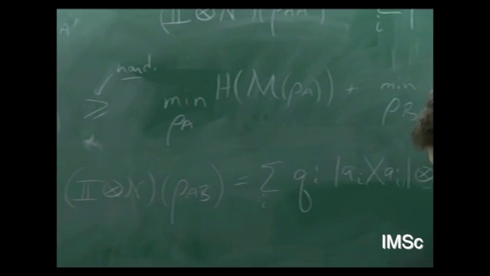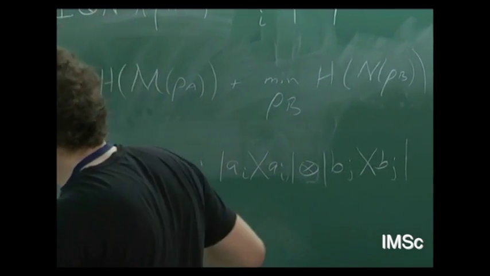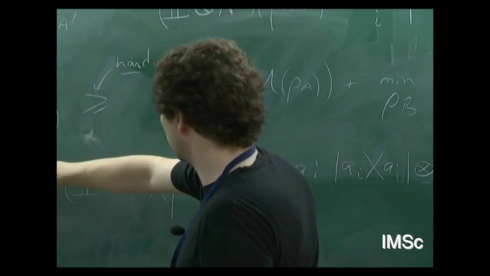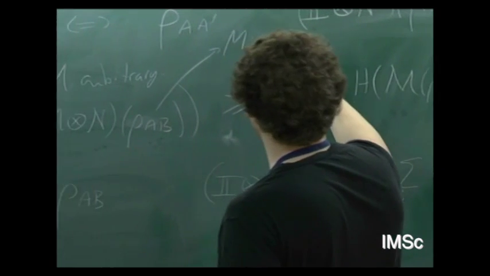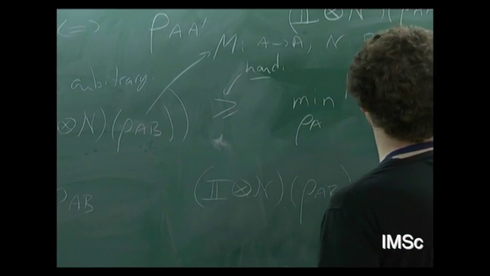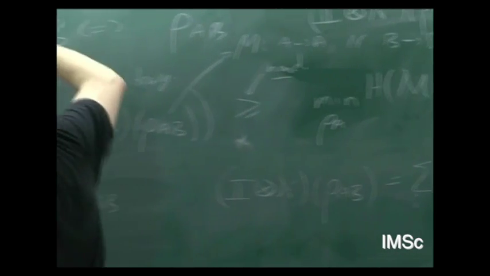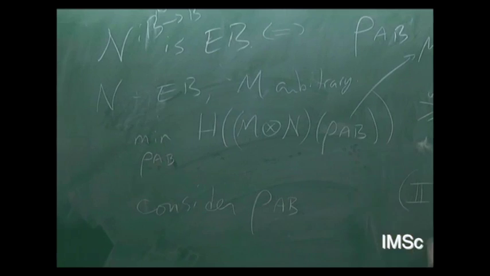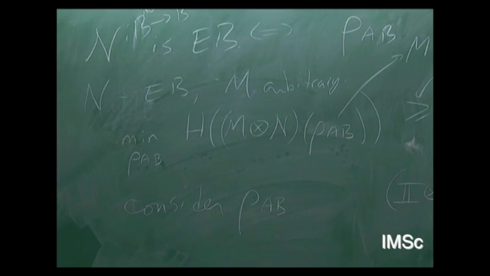And I'm sorry to switch notation mid-argument, but I noticed that what I'm doing here means I'm thinking of channels M that map A to A and channels N that map B to B. So I should rewrite this, and I should rewrite this. You can prove all of these things if you have more general channels. But the point is, then I would have to write indices on everything, and it just makes it more complicated for everybody.